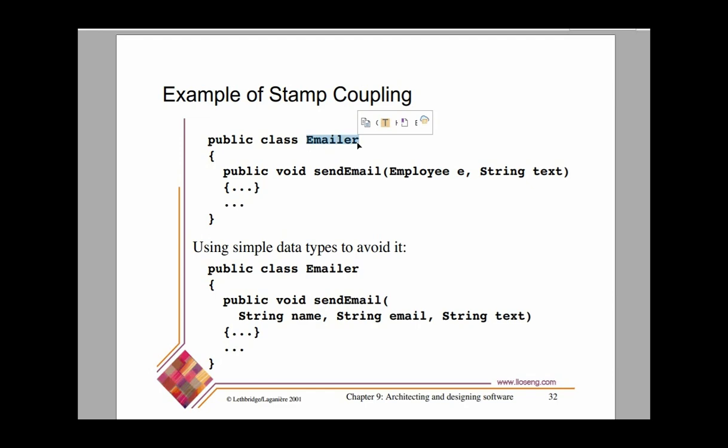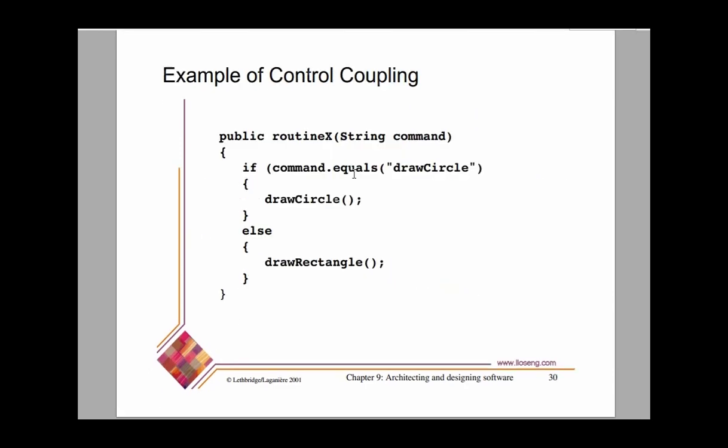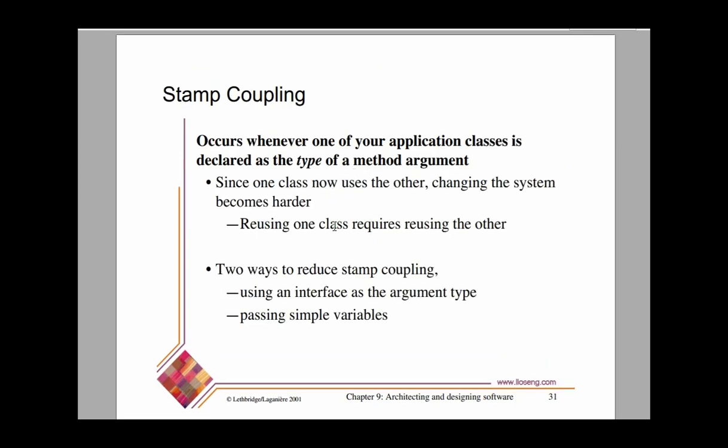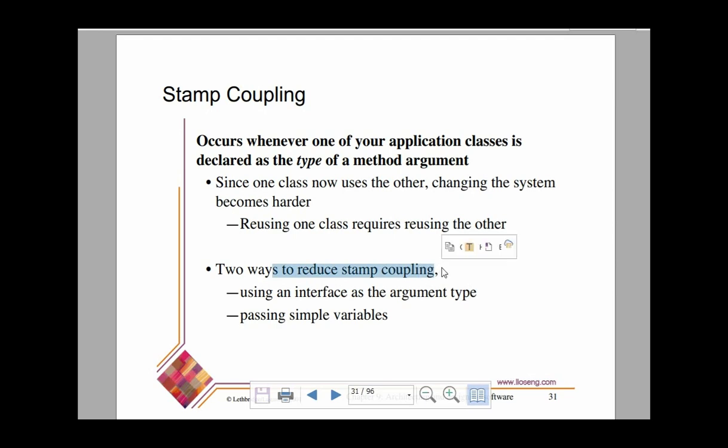Since it has already been given access, while maintaining the program, any maintenance changes in name or something will certainly have a bad impact on this. So your Emailer class cannot be reused, because it is certainly going to be impacted.